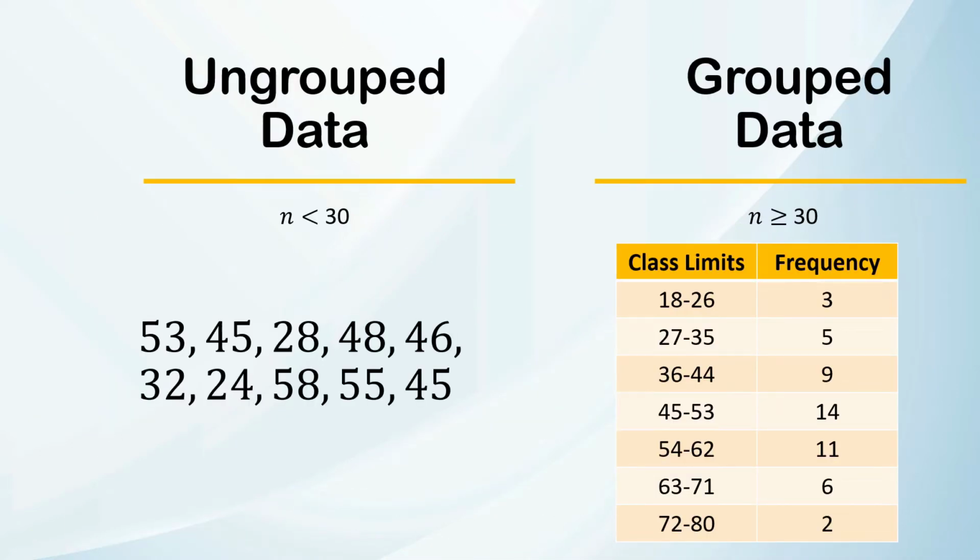Okay, so let's proceed now to ungrouped data and grouped data. When we say ungrouped data, the number of respondents or your N must be less than 30.